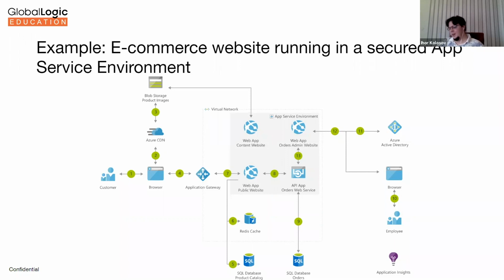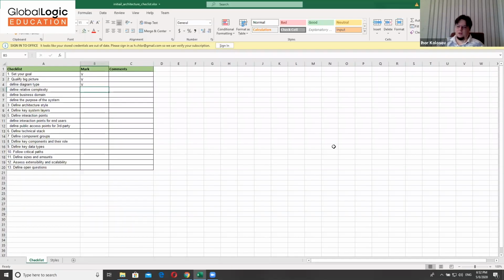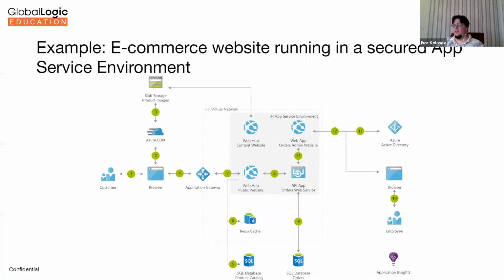That's why, in my understanding, it is a relatively simple diagram, so it shouldn't take too much time to analyze it. Okay, let's mark success here, and let's try to define the business domain.